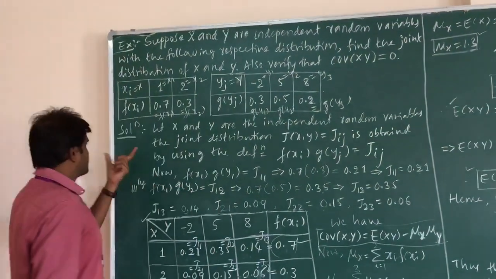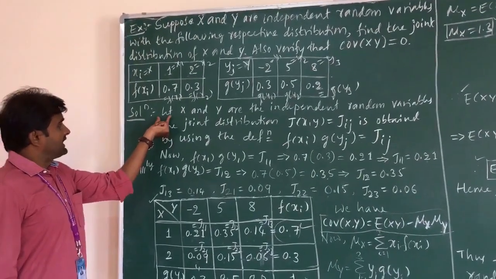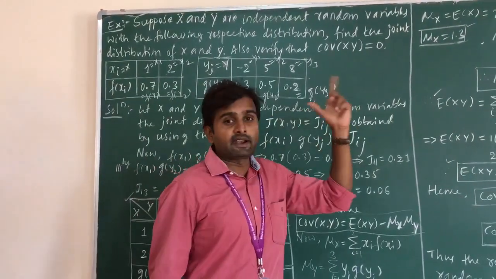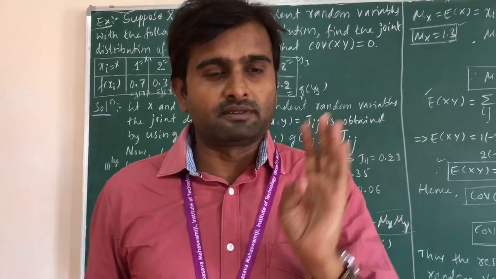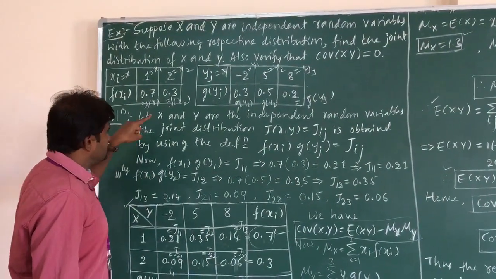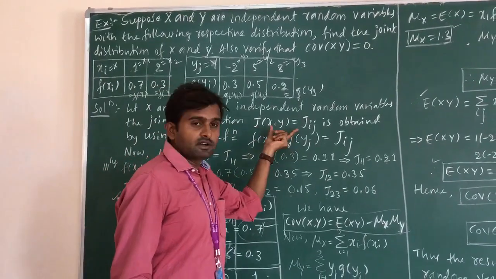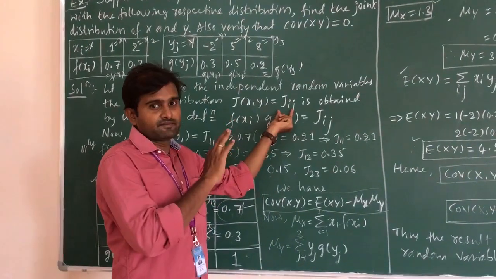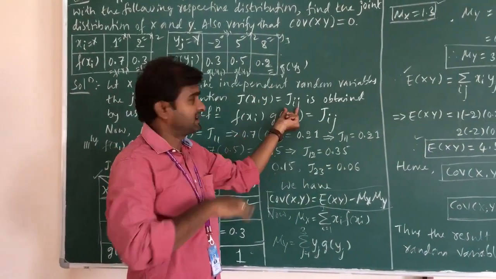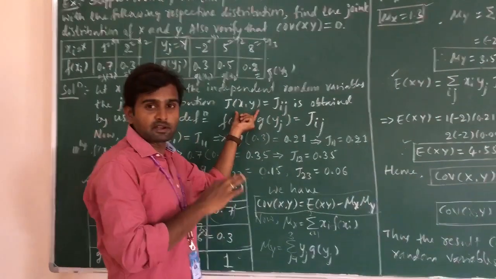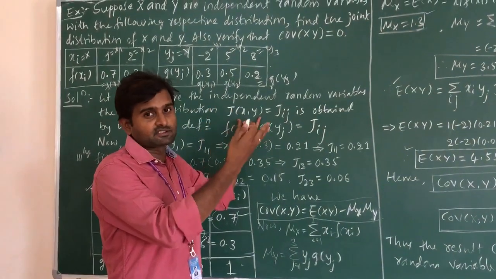Now we see the solution. Let x and y be independent random variables, as given. Next, our aim is to find the joint distribution. We know the joint distribution is Jij, like J11, J12, or you can write J of x, y.